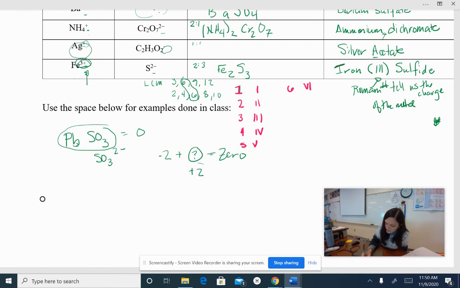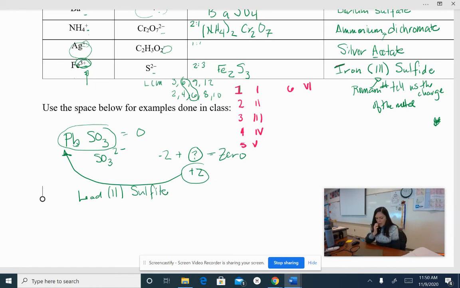That means that this lead has to be a +2. So we would call this lead(II) sulfite. Okay? Let's do another example here.